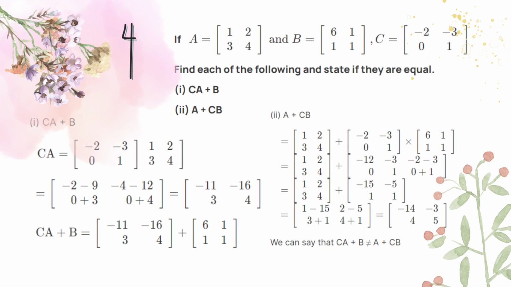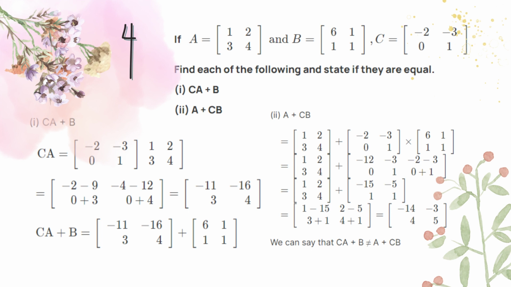Next, the second one, A plus CB. A is 1, 2, 3, 4 plus C, which is -2, -3, 0, 1, into B, which is 6, 1, 1, 1. So 1, 2, 3, 4 plus -12 - 3, -2 - 3, 0 + 1, 0 + 1.